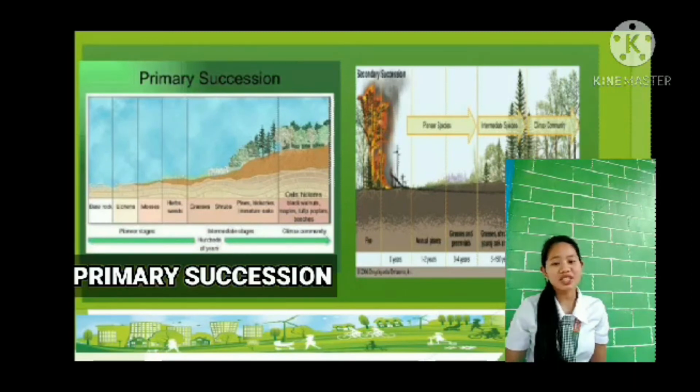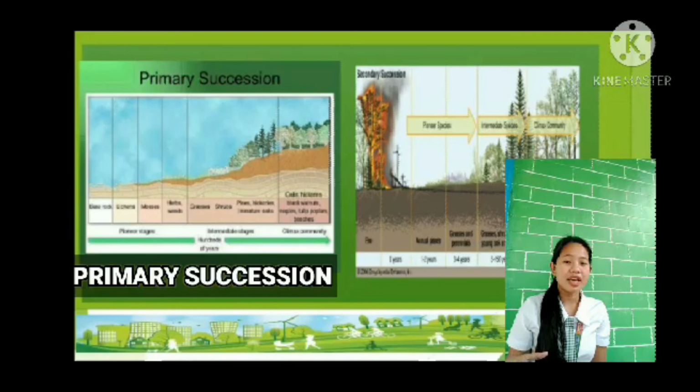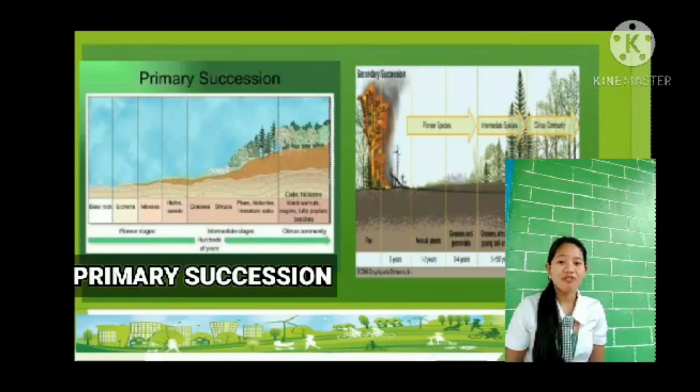The pioneer species have a high level of ecological tolerance because they tolerate the different factors, like in the volcanic ash. So they have a very high level of ecological tolerance.